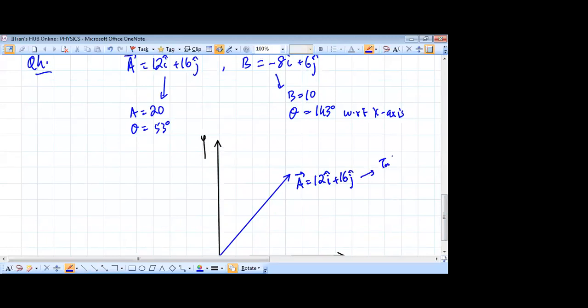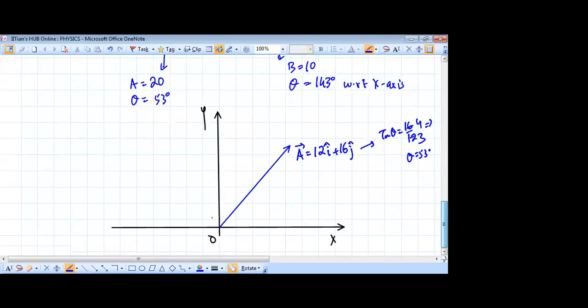You can see that for this, tan theta is y upon x, so 4 by 3. So that means theta is 53 degrees.